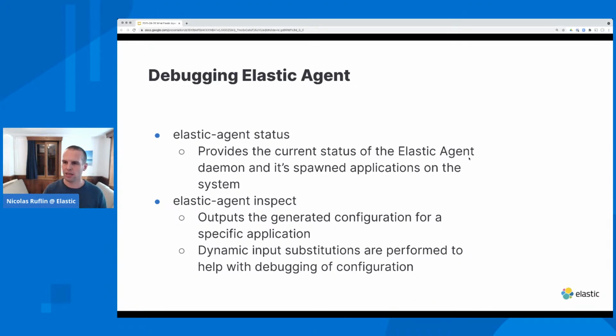That's when inspect comes into play. You can select the output you want to have the configuration for, and it's actually going to dynamically substitute all the variables from the dynamic inputs and tell you what the exact configuration is right now. That's a great tool for debugging. More to come on that front.